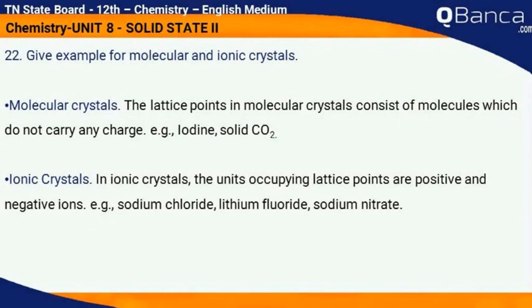Molecular crystals: the lattice points in molecular crystals consist of molecules which do not carry any charge. Example: iodine, solid CO2. Ionic crystals: in ionic crystals, the units occupying lattice points are positive and negative ions. Example: sodium chloride, lithium fluoride and sodium nitride.